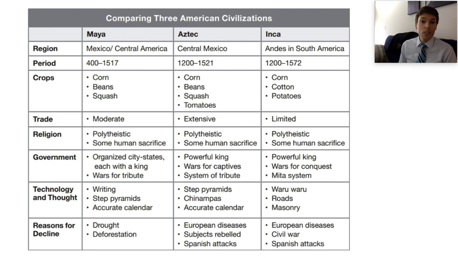Unfortunately, the reason why it's not a big focus in world history is just because there's not much history there anymore to examine. So that brings us to our end of this developments in the Americas.